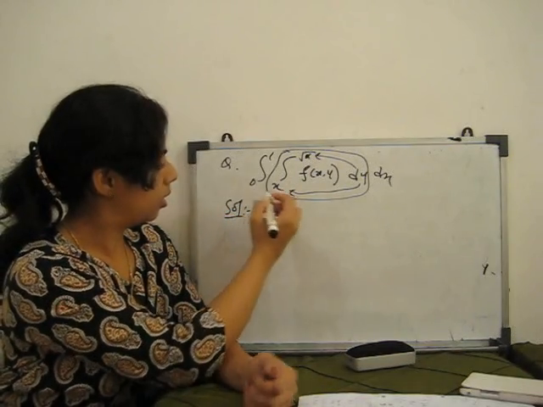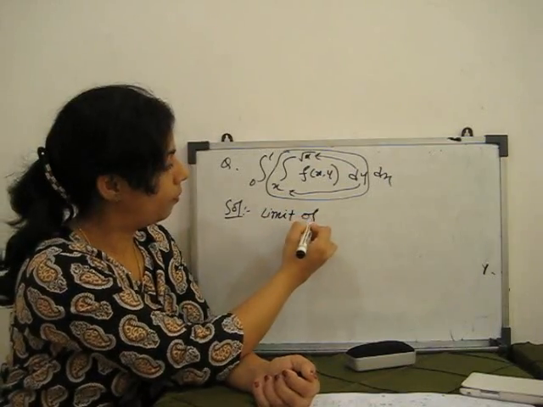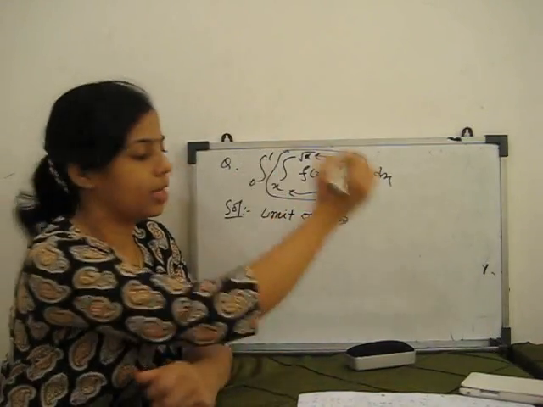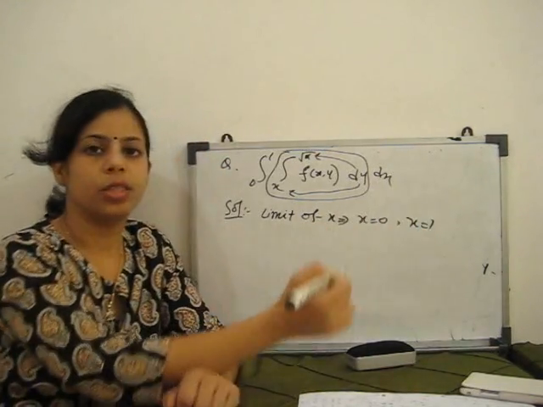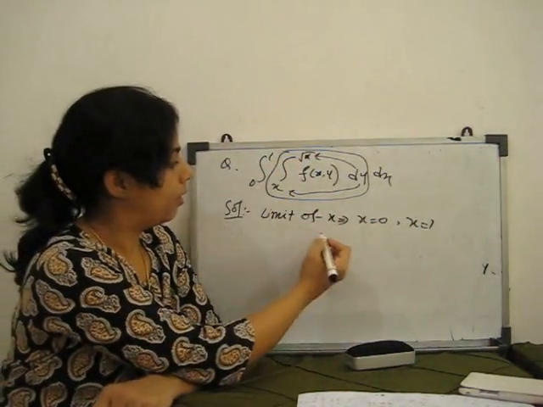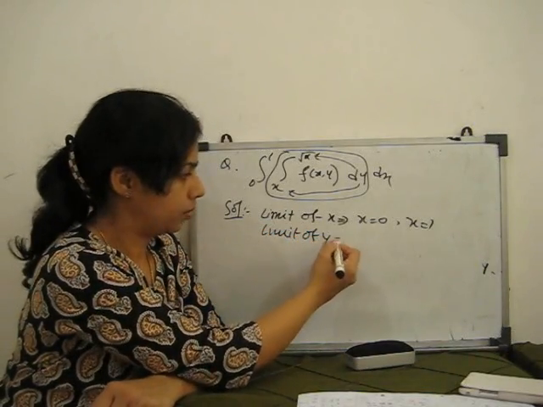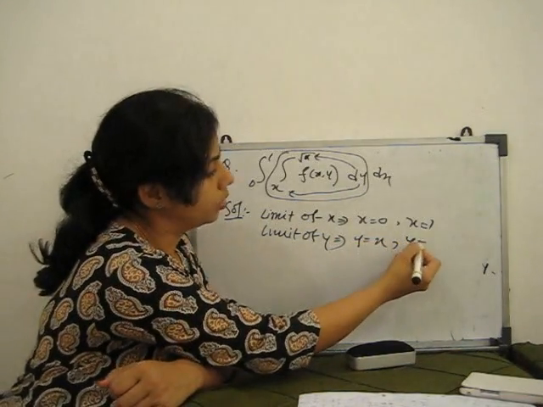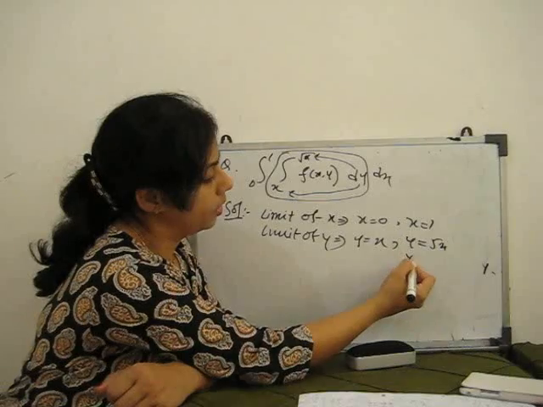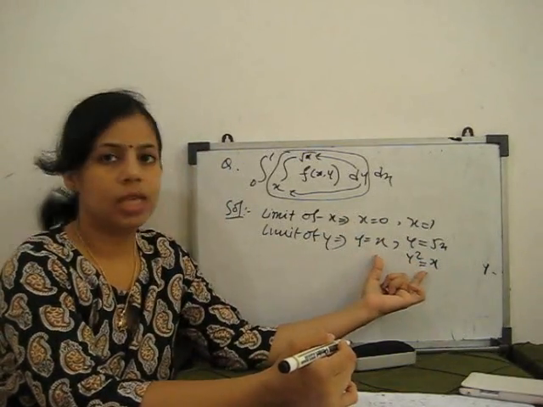Solution: the lower limit of x is 0 and the upper limit is x equal to 1. For the limit of y, y is equal to x, or y is equal to root x, or we can say y square is equal to x. These are two curves.